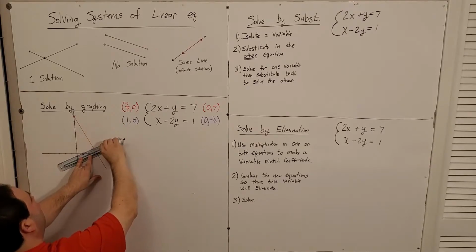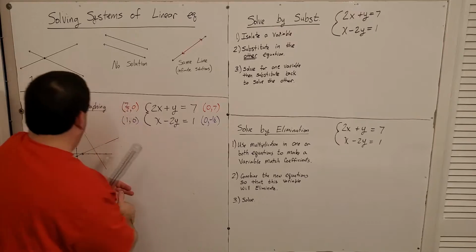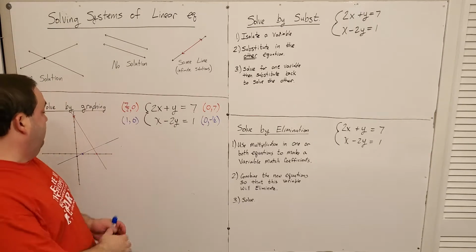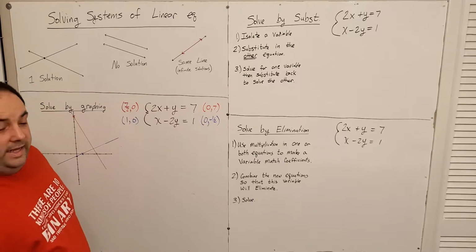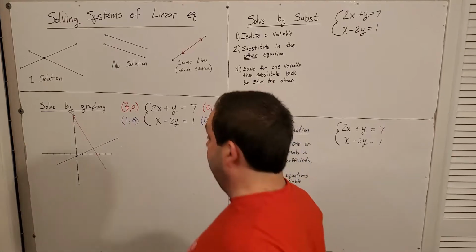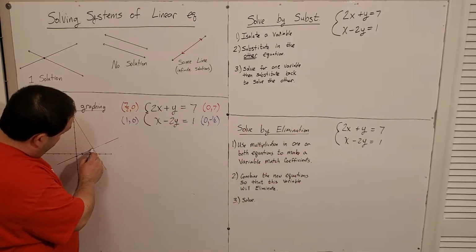All right. Then the solution to the system is simply where the two lines intersect. So where does it look like they intersect? You can see right here, this is the point where they intersect.